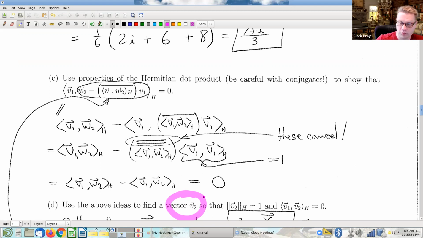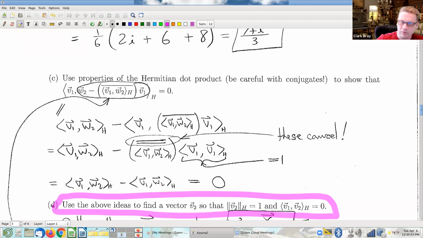And notice that the features that it's supposed to have are exactly those. I want it to be normalized. Cool. And I want it to be orthogonal to the first fixed V1 vector.